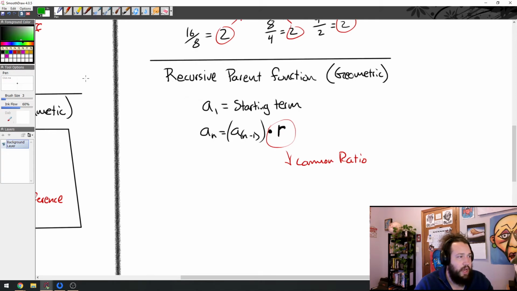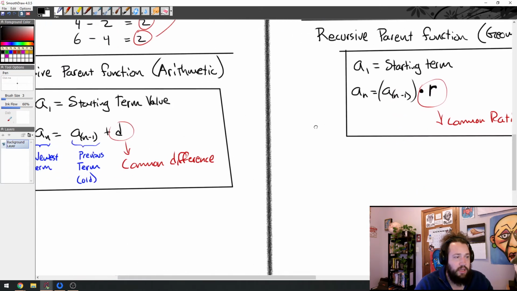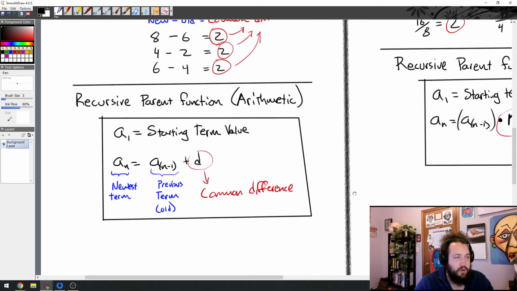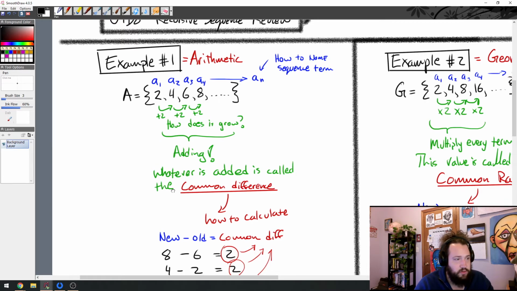So now we have two different parent functions. I think the last thing we need to do is actually plug in the examples. Right here, my first term is 2, and I know my common difference is also 2.